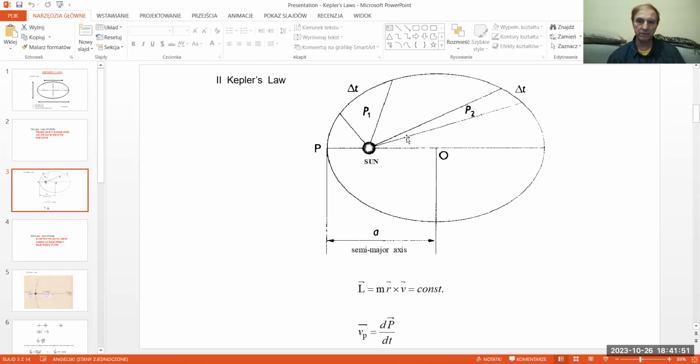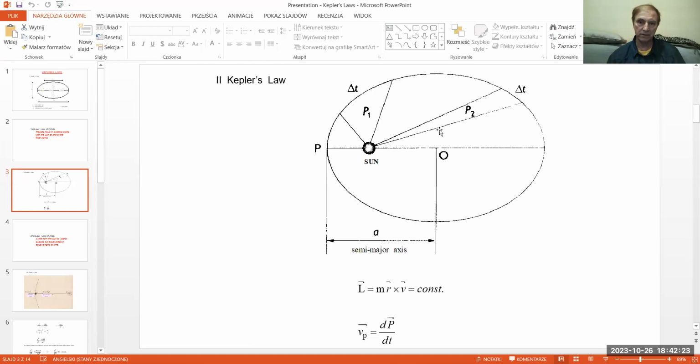The initial position of the planet can be represented by this line that connects the Sun and the planet. You can call it, if you prefer, the radius of the ellipse. The final position of the planet is over here, and also there is a line that connects the Sun and the planet.